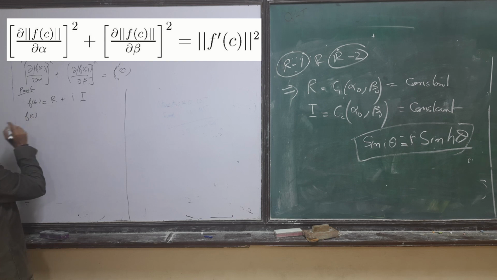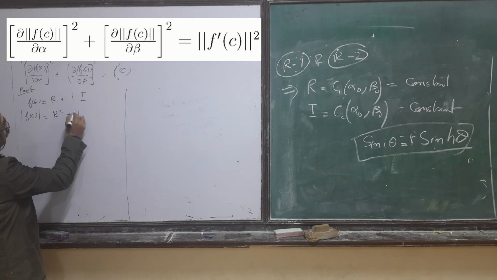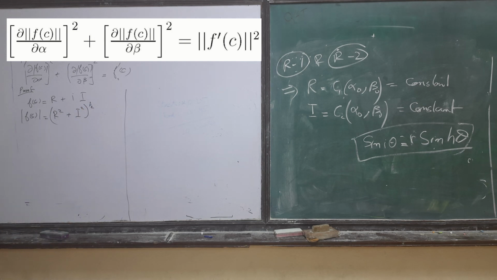So the magnitude of F(c) will be equal to R square plus I square to the power 1 by 2, because the square of the magnitude is equal to R square plus I square.